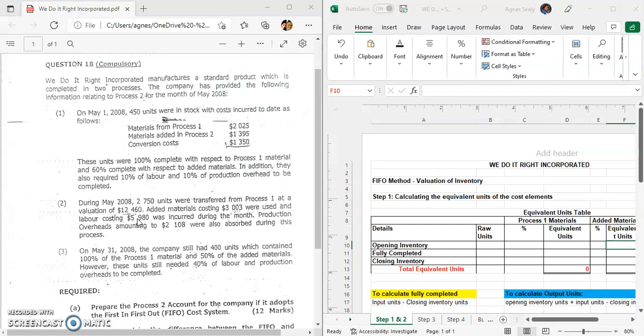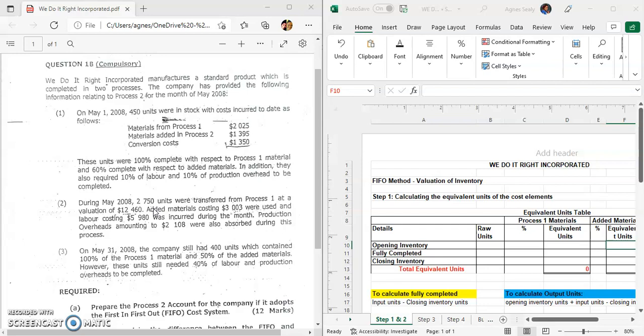So they transferred 2,750 units from process 1 to process 2, and that valuation was $12,460.